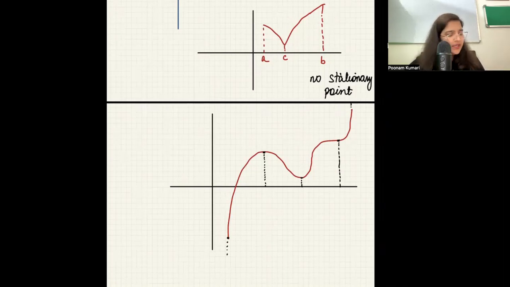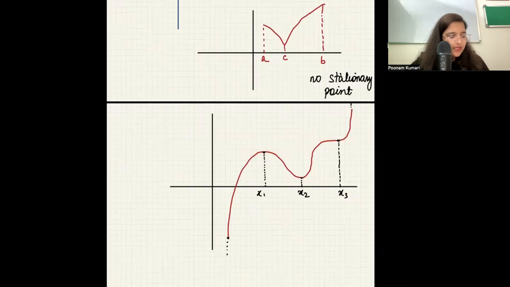First, let's answer how many stationary points this particular curve has. There is one stationary point here, one here, and one here, because here also, at one point the slope is 0. So we have x1, x2, and x3. These are the 3 stationary points that we have.